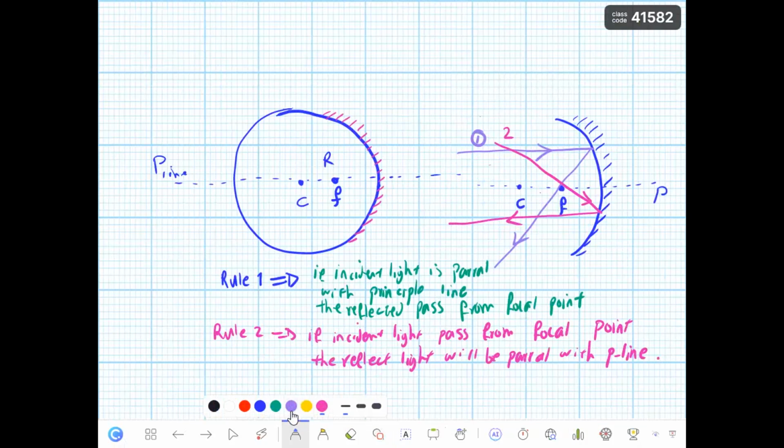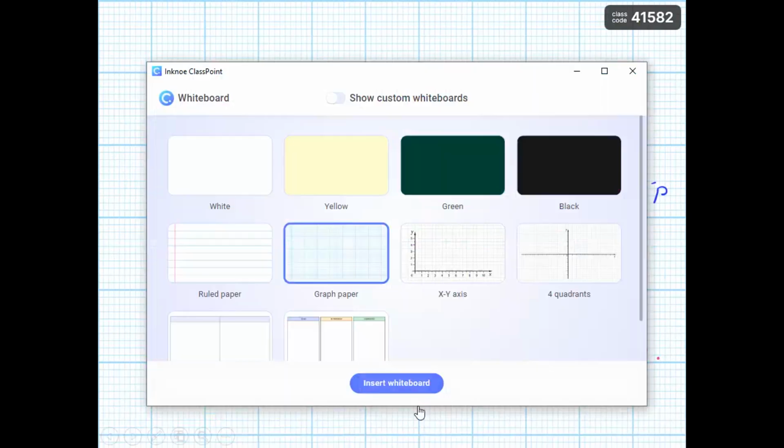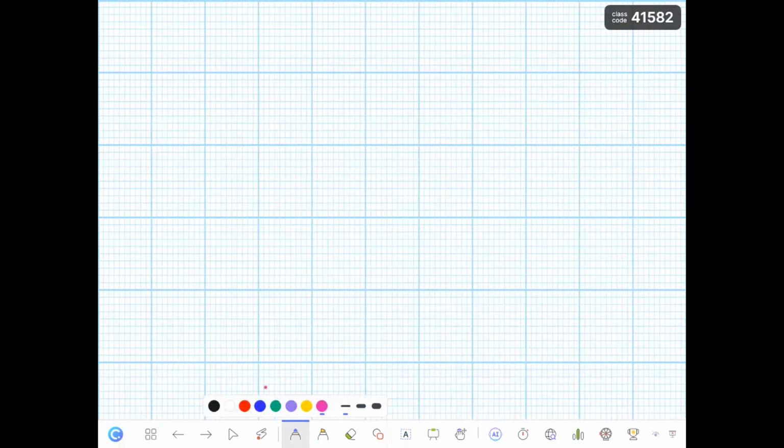Let me just draw rule number three here. Again, concave mirror. So we have a focal point and center of curvature. Good.